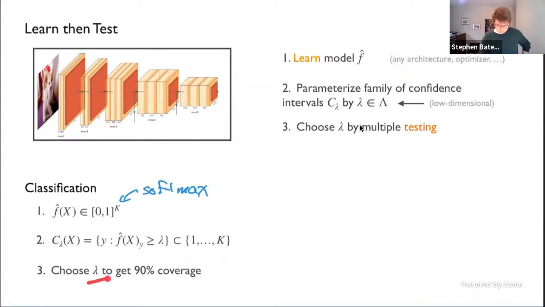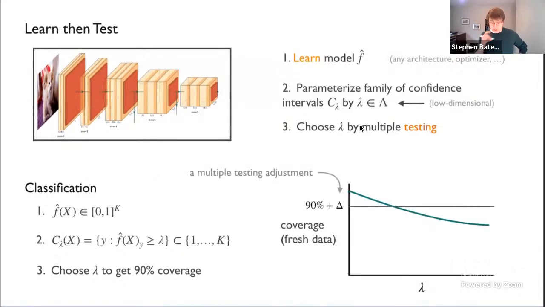Okay, and then I'm going to choose that lambda to get 90% coverage. How do I do that? I look at some fresh data. I make a plot for different values of this lambda. What is the coverage I see on fresh data? Coverage here means what fraction of my confidence sets actually contain the true label. I just plot that. I look at that number and I see where it hits 90%, if I wanted 90% coverage. Now, I'm glossing over some of the details.